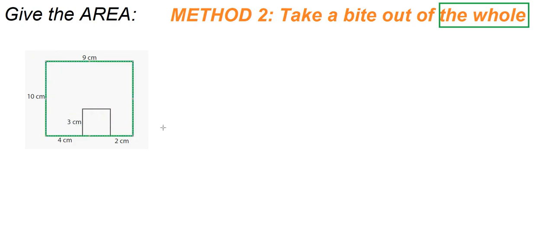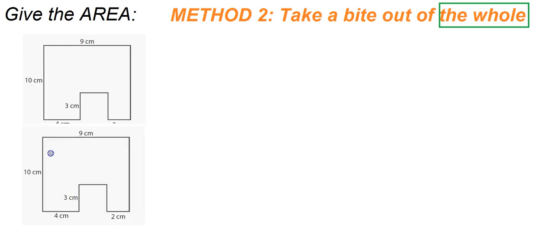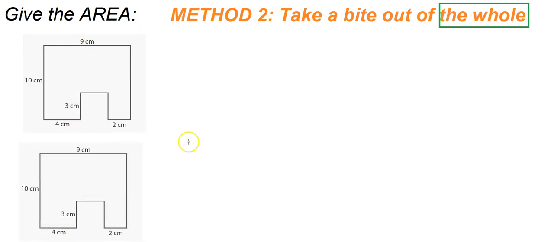So if I find out what the area of the whole is, I should be able to get close to figuring out what the area of the compound shape is. I'll just make a little copy of it and keep it down the bottom to refer to if I need to.